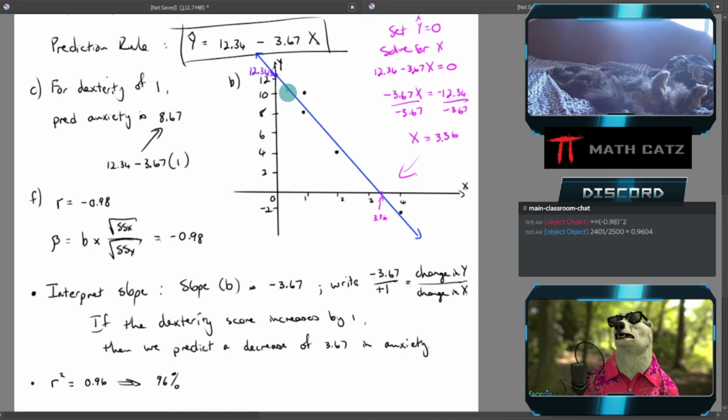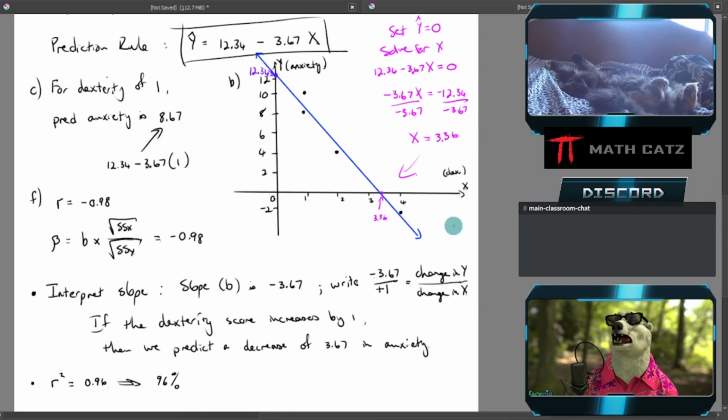There is, of course, variation in the anxiety score. That's Y, anxiety, right? And oops, I have to write that down here. Anxiety. There are changes from one person to the next in anxiety scores. How much of that change is accounted for by dexterity? There are potentially other factors that affect, directly or indirectly, anxiety. Dexterity, it seems, is one of them.